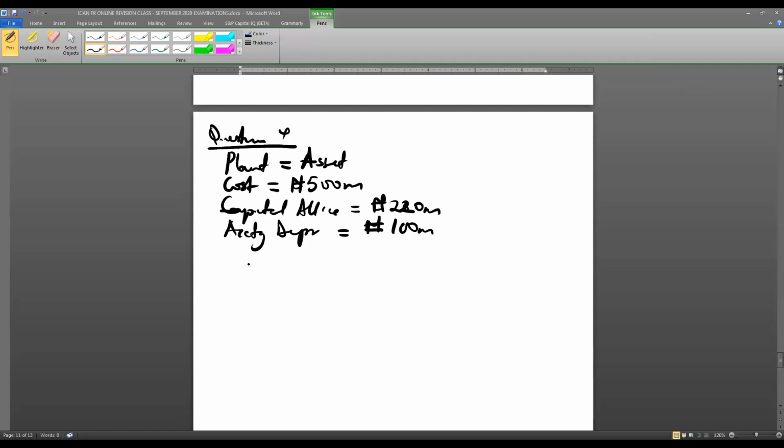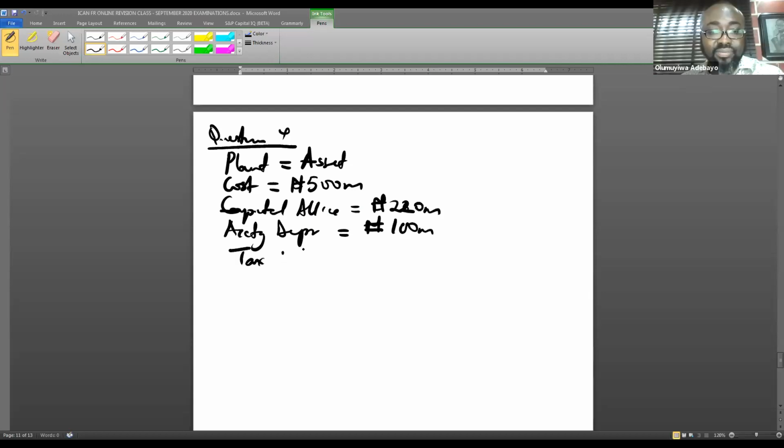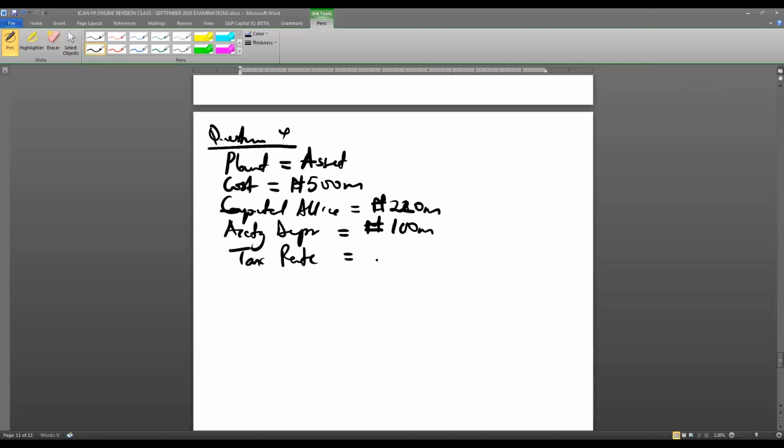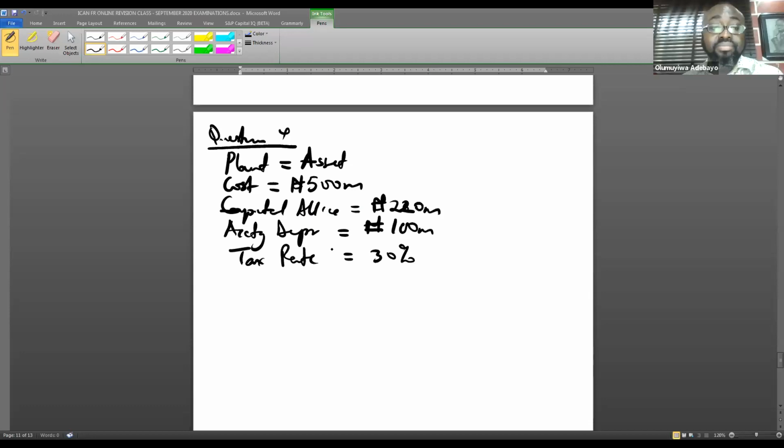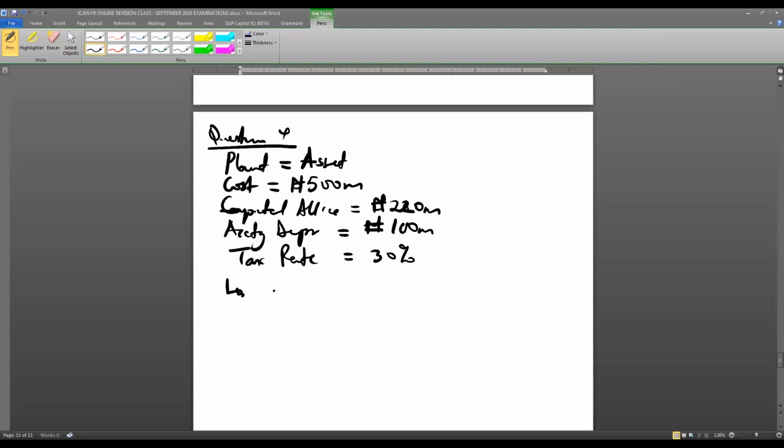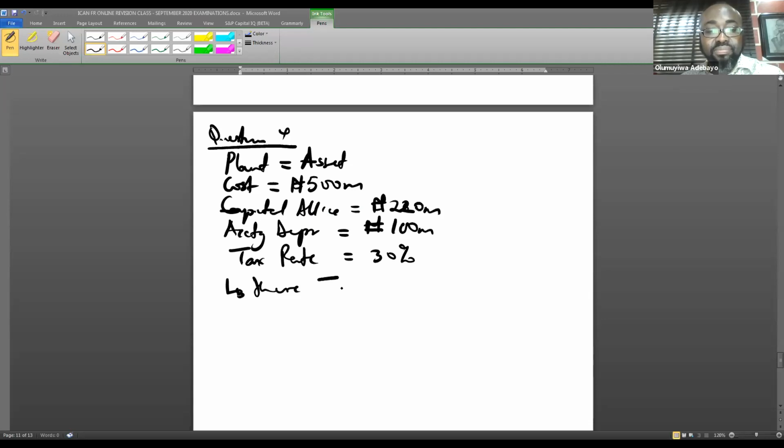And we are told that tax rate is 30%. Is it 30? It's 30. Okay. Now, the first thing we need to ask ourselves is, is there a temporary difference? How do we know? What is the carrying amount?